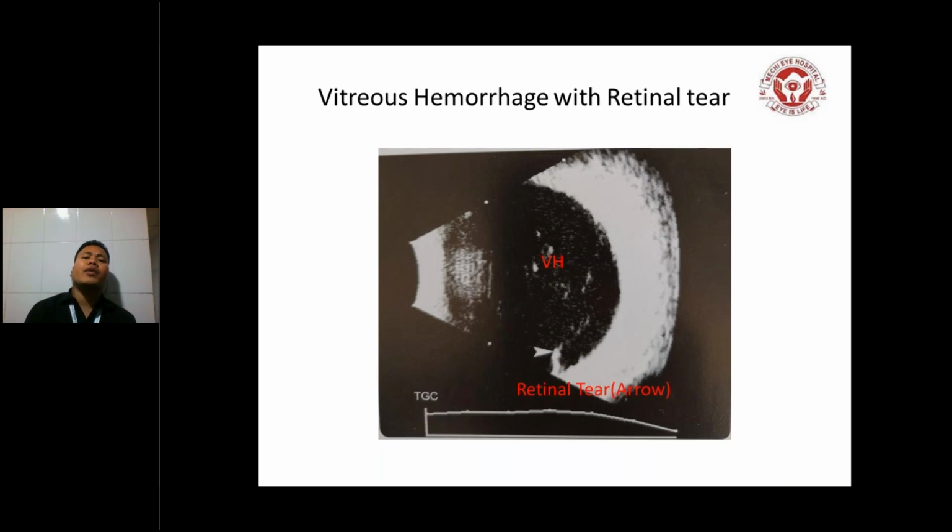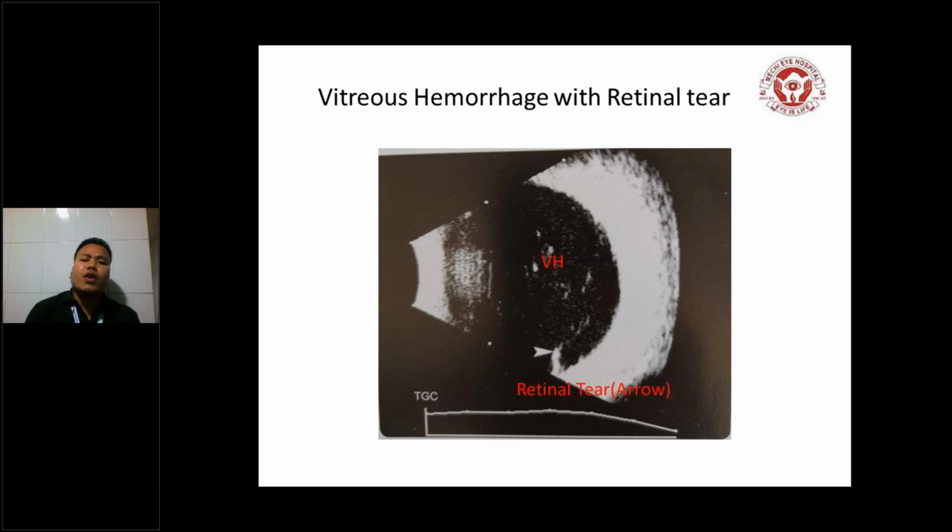So that time we have to find whether a tear is there or not. If there is a tear, then a small band-like high reflective echo can be seen on the surface.